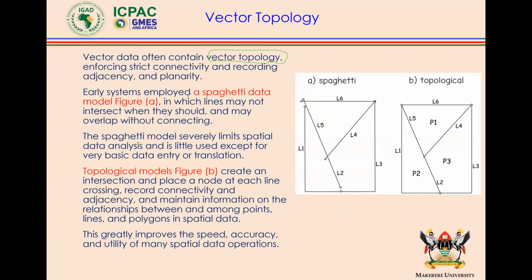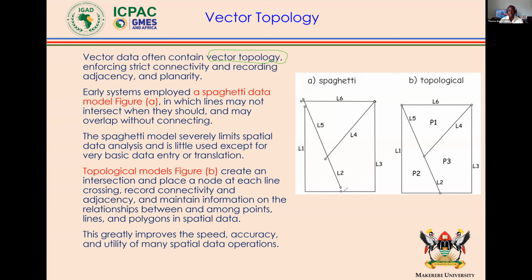So early systems employed what we call the spaghetti data model of vector. In this case, you have lines that are moving from right to left, up to down, maybe east to west and all that. But these lines are not connecting.